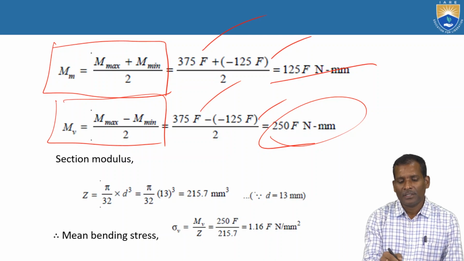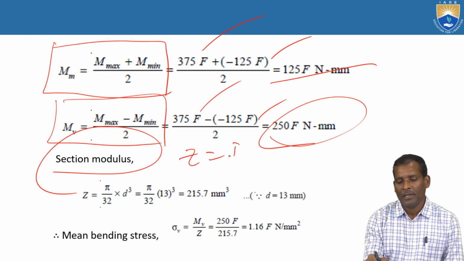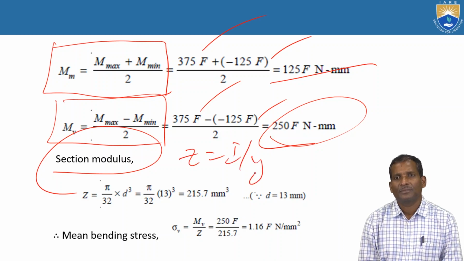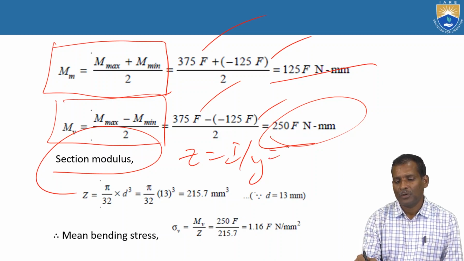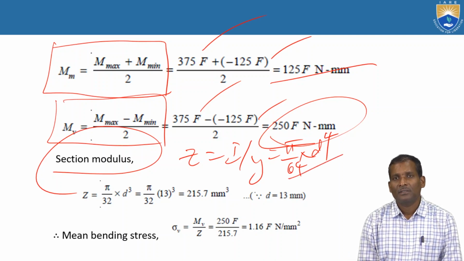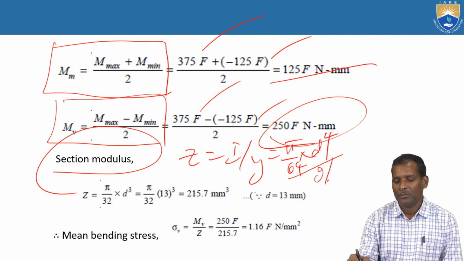Now find out section modulus, that is Z. Z is equal to I by Y. So I is equal to pi by 64 into D to the power of 4, divided by Y. Y is the distance of the cross section from its neutral axis, that is half of the cross section diameter, so D by 2.